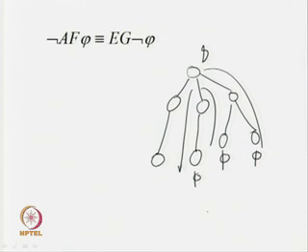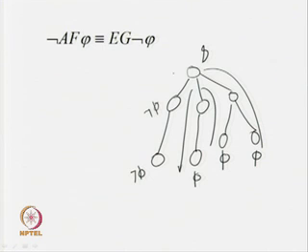Now, this is equivalent, we are saying, to there exists a path where globally not of phi holds. So I say that this is where not of phi holds. Since not of phi holds here, A F phi may not be true in this path, but what will happen in these other two paths? If phi holds over here, then F phi holds in this path, so not of phi must be true over here.